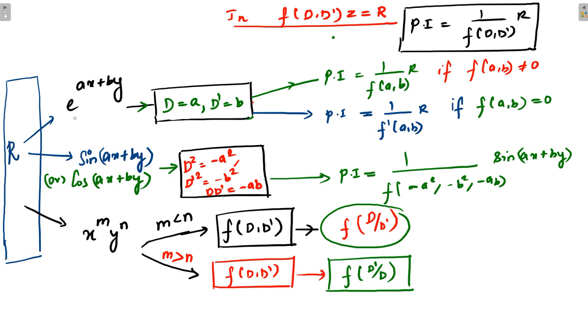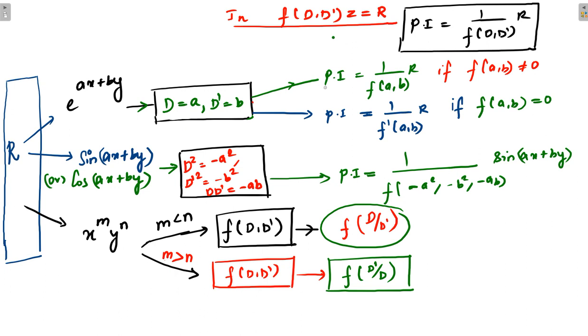So when this comes, how do we find the particular integral? When the exponential function is given, you have to substitute D equal to a and D dash equal to b. That means D equals the coefficient of x and D dash equals the coefficient of y. You have to substitute in this form.